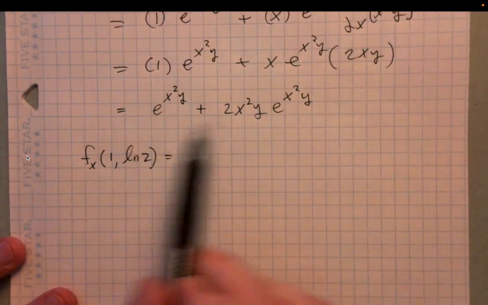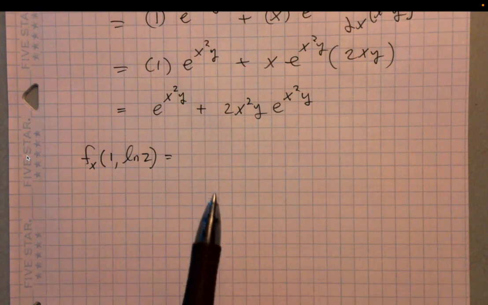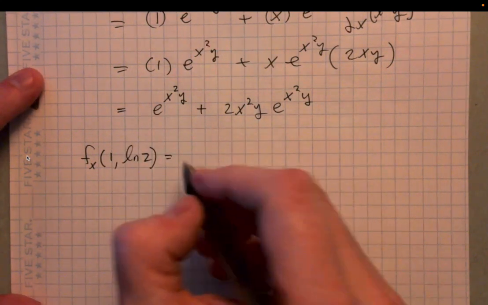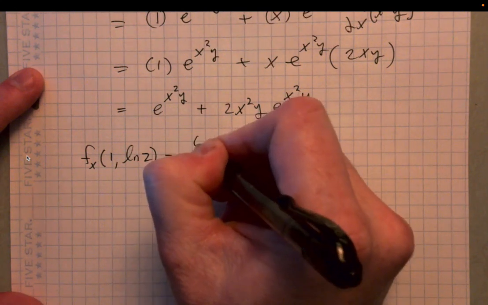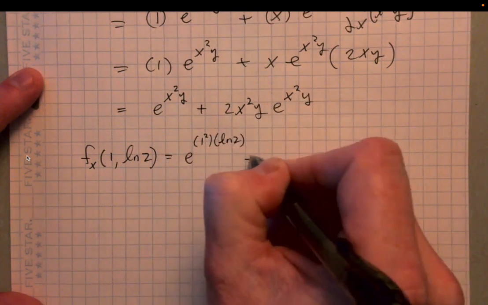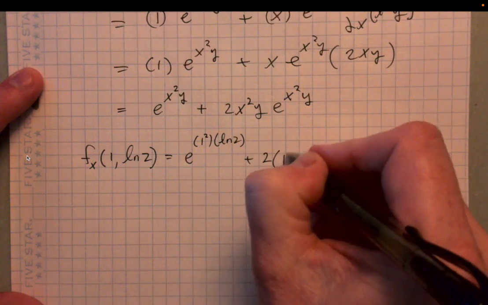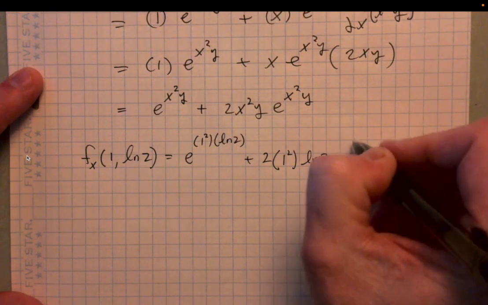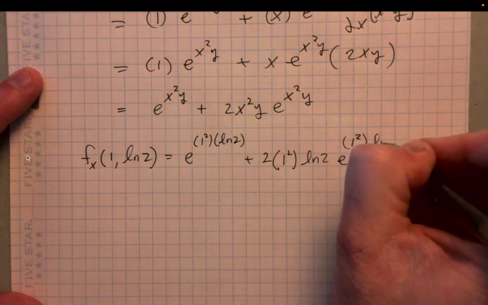Well, you're just going to plug in a 1 everywhere you've got an x and an ln 2 everywhere that you have a y. So this would be e^(1²·ln2) plus 2 times 1² ln2 times e^(1²·ln2).